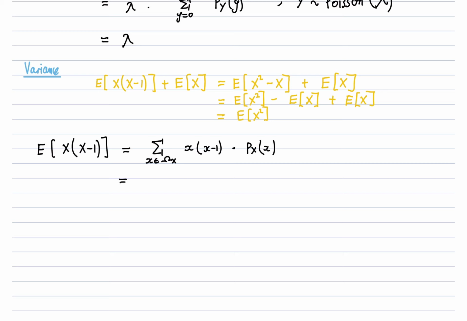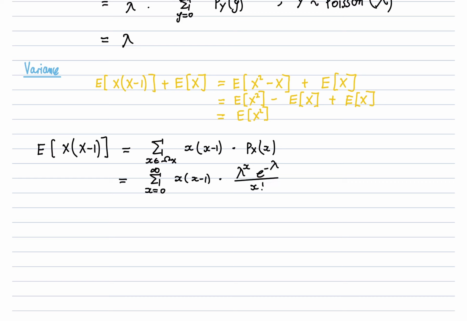We're going to substitute in our terminals, which are from x equals 0 to infinity. We've still got our X times X minus 1, and now we're going to substitute in our PMF, lambda to the x, e to the negative lambda, all over x factorial.